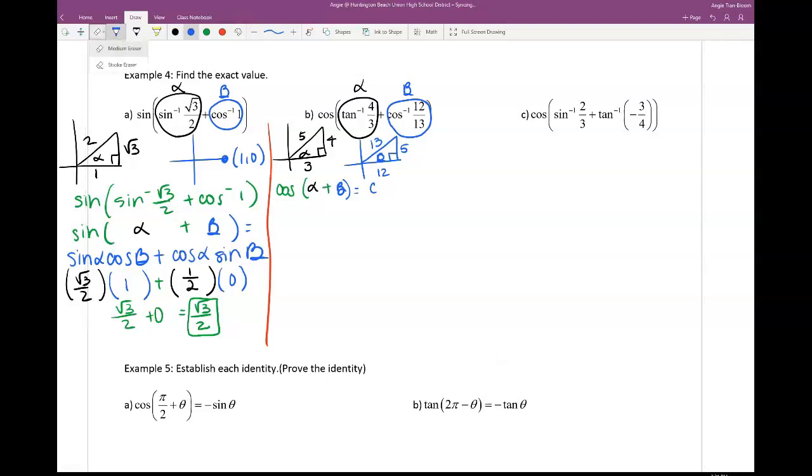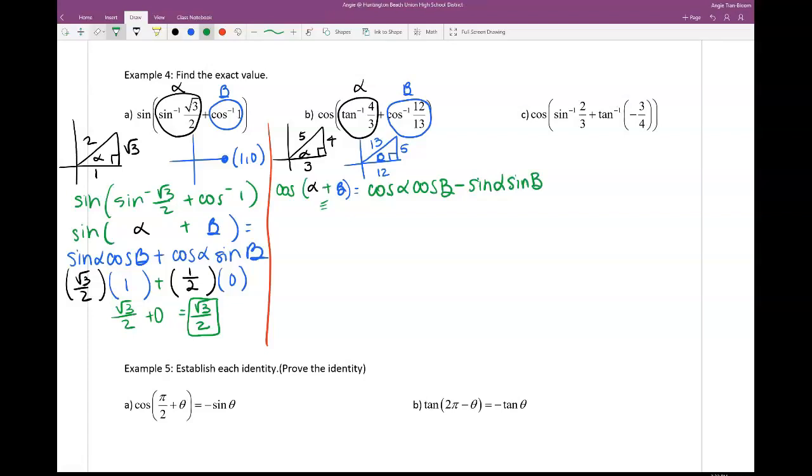I'm going to use green, okay? Cosine of alpha times cosine of beta. In cosine, we switch, okay? If it's positive here, we make it minus here. Sine of alpha times sine of beta.